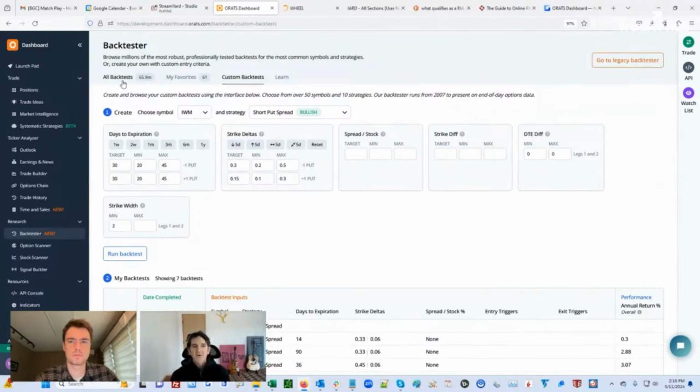And then if you do want to do some extra fancy stuff, you could go to the legacy backtester and do that there. So it's a very complete tool for backtesting, for finding good strategies, and going in and setting them up, scanning on them, implementing them.